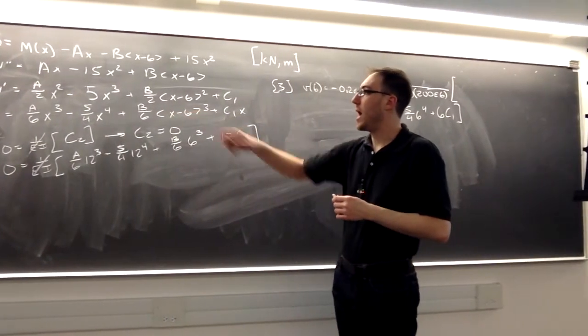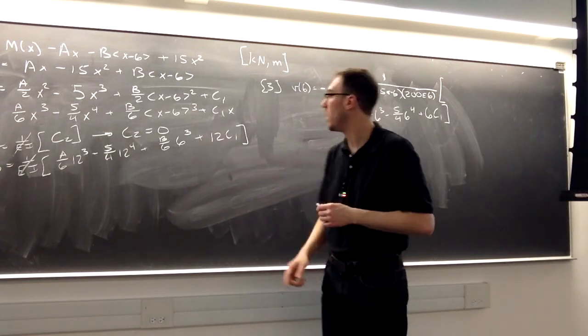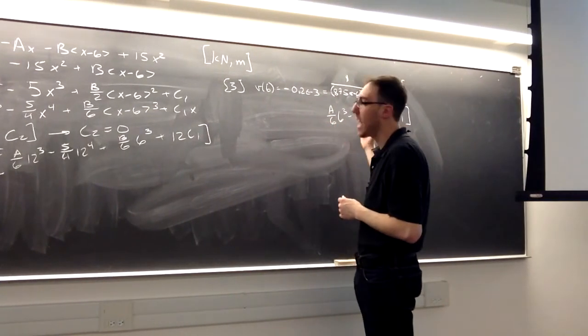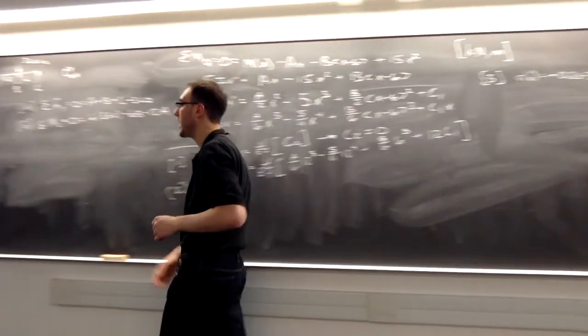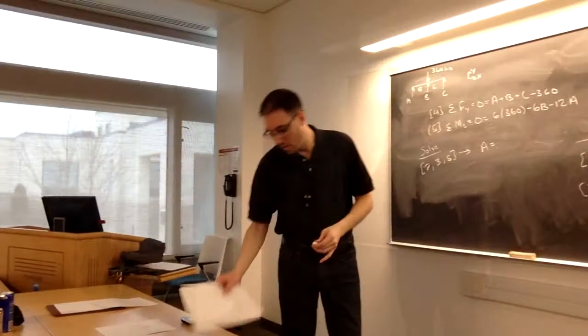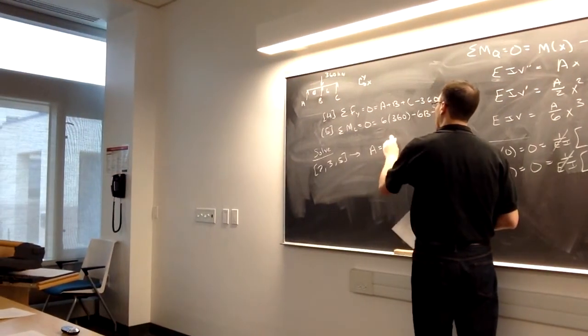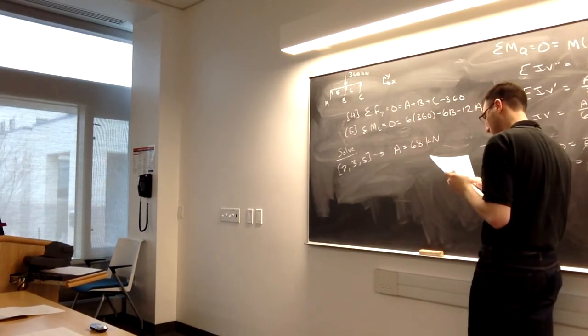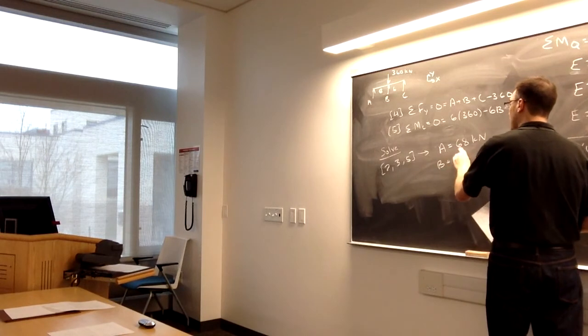Between equation 5, I have A and B. Equation 2, I have A, B, and C1. Equation 3, I have A and C1. Between those 3 equations, I can find A, B, and C1. I get A is 68 kilonewtons. And B is 229 kilonewtons.